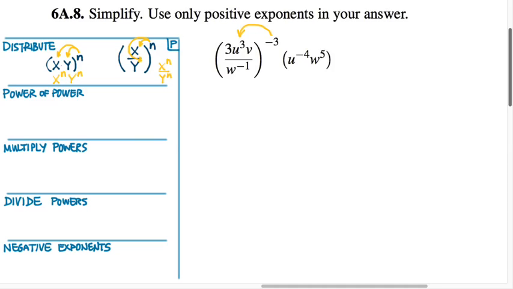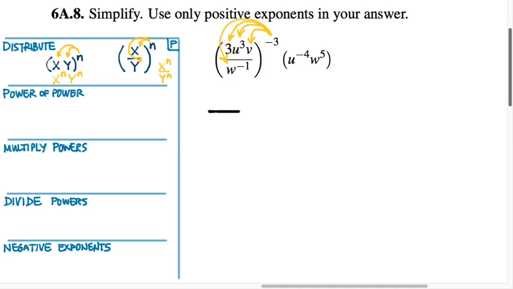But then when I do that, it turns out that my numerator also has several factors of its own, 3 times u to the 3rd times v, and that -3 therefore gets distributed to each of those. So that -3 power ends up in a lot of places after we do this distribution.